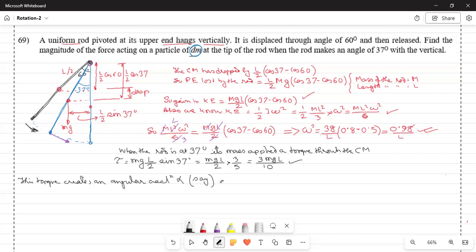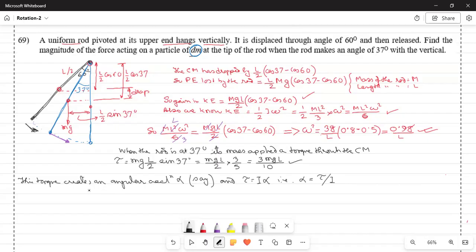We know torque is equal to moment of inertia multiplied by the angular acceleration, or in other words, angular acceleration is equal to torque divided by moment of inertia.